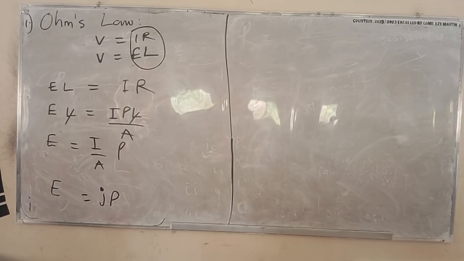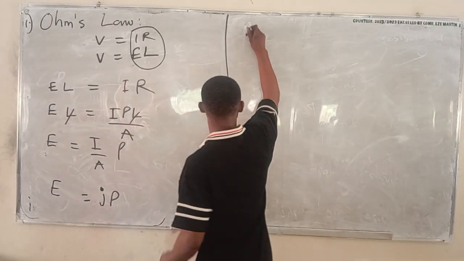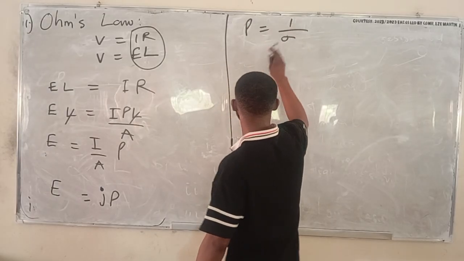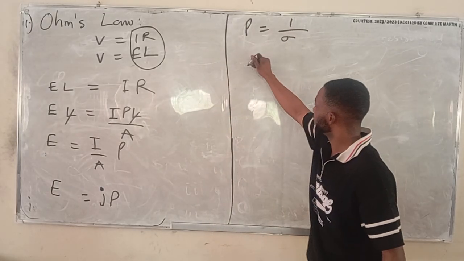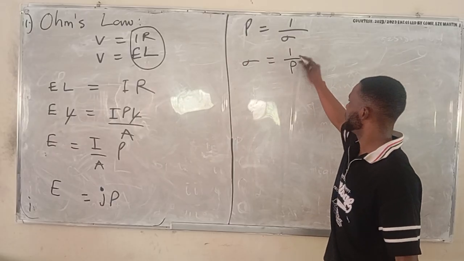If the material is a conductor, the conductivity will be high. If it's a non-conductor, the conductivity will be low. So resistivity is equal to 1 over conductivity. That means conductivity is equal to 1 over resistivity.